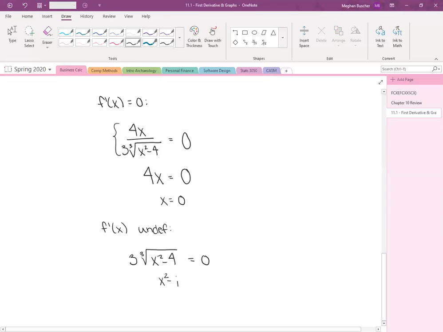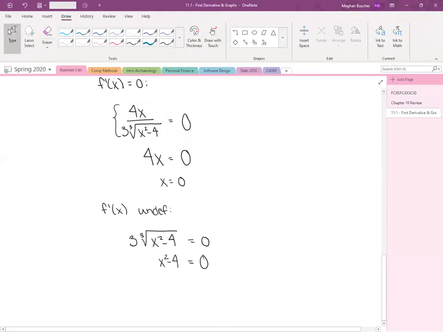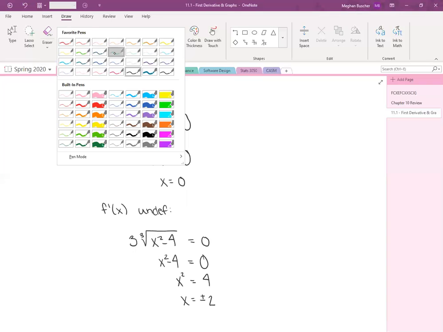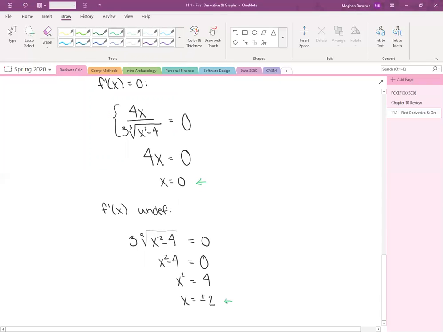So we can just drop that 3 and that cube root and just look at whatever is underneath and set that equal to 0. We can actually skip all that the same way we could up here. So then we get x squared equals 4. X equals, how many answers should I have here? 2. So we're going to have plus or minus 2. So now these numbers here are our critical points.